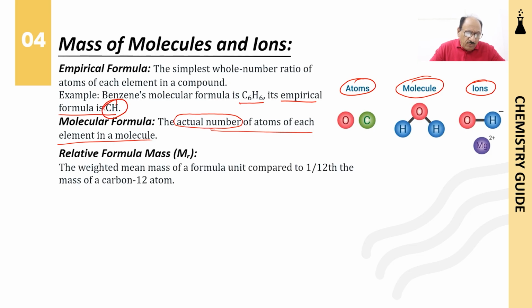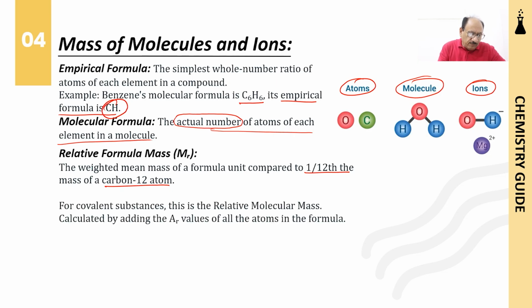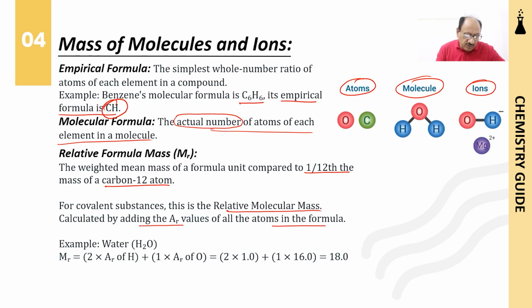Then relative formula mass: the weighted mean mass of a formula unit compared to 1/12 of carbon-12. So the formula mass we are comparing with carbon-12. For covalent substances, this is the relative molecular mass, calculated by adding the relative atomic mass values of all the atoms in the formula. We can take an example like water.